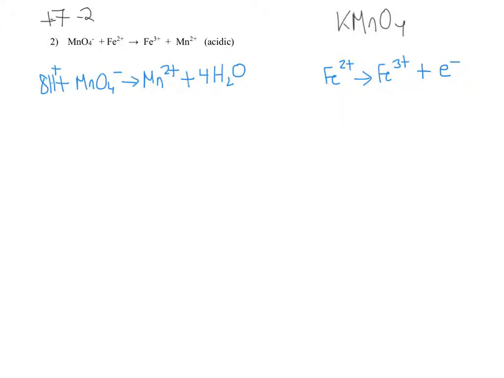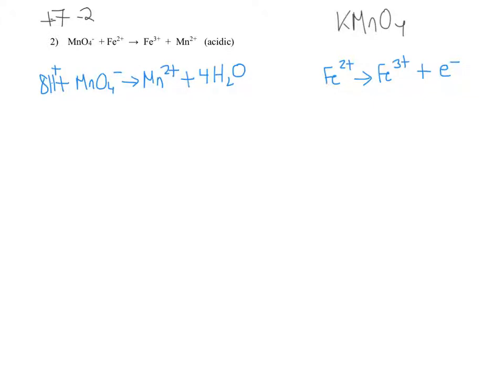Okay, let's look at the other one. The reason why I do the easy one first is this one I can figure out pretty easy. And I know now that I have added electrons to the product side in the iron one. So that tells me that in this one, I'm going to have to add them to the reactant side. If I figure it out and it turns out that it's on the other side, I know that I've made a mistake and I can fix that. So let's try to figure this one out.